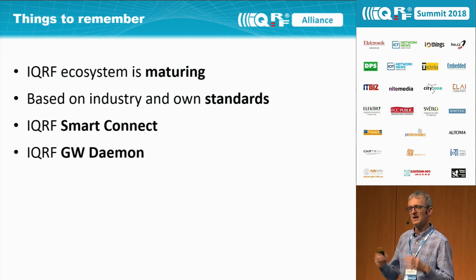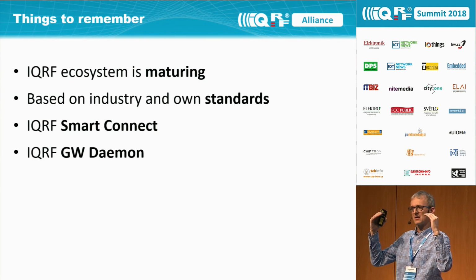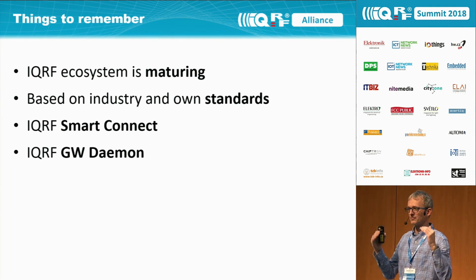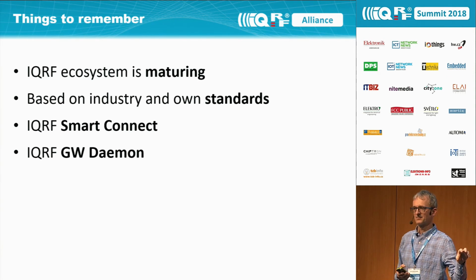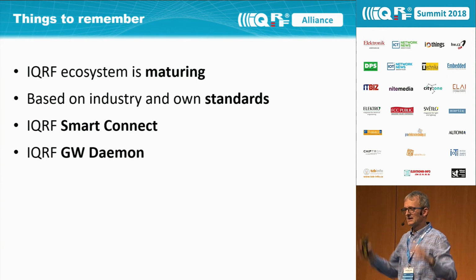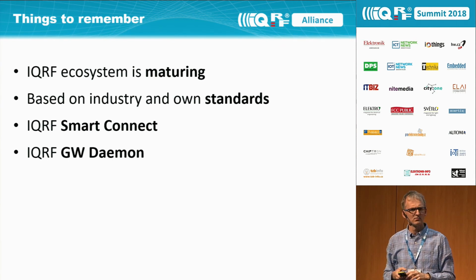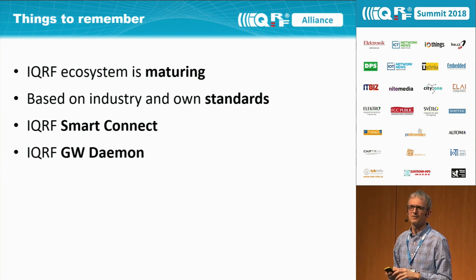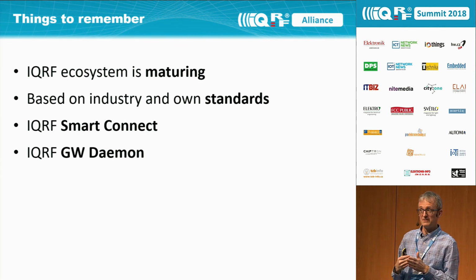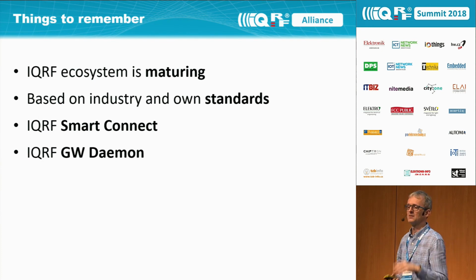So all these wizards and complicated algorithms that you can see today in the IQRF IDE software will also be available in the gateway with a simple JSON interface. So all this network manager, complicated button stuff, of course running only DPA commands, nothing else, will be ready at your fingertips in the gateway daemon.